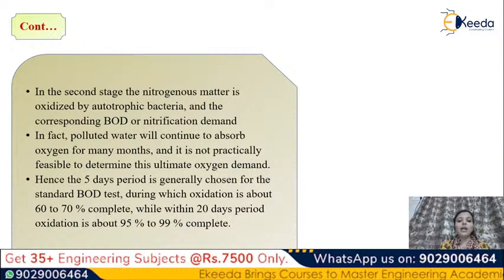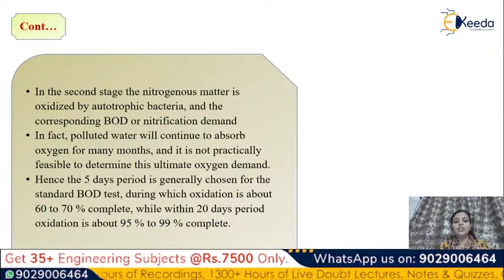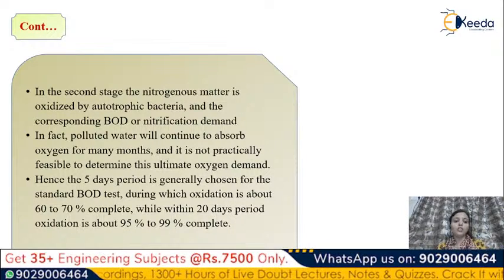So after 5 days, all this organic matter will get oxidized. The microorganisms are using the oxygen present in that water, and all the impurities or organic matter present in that sewage will get oxidized to a stable form. So after 5 days, you again check the dissolved oxygen content.